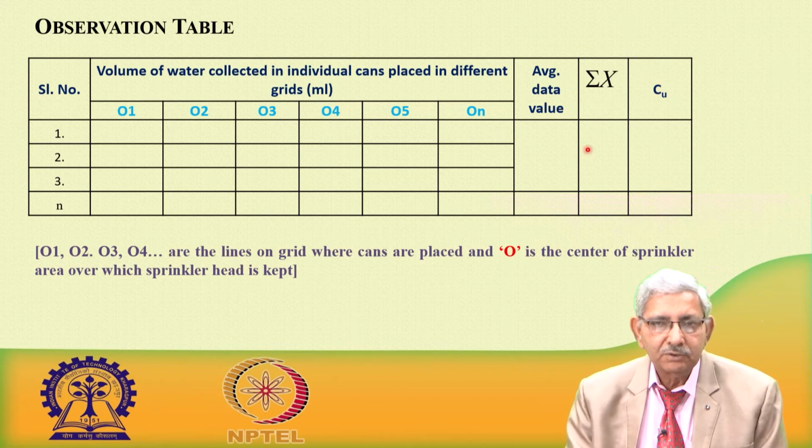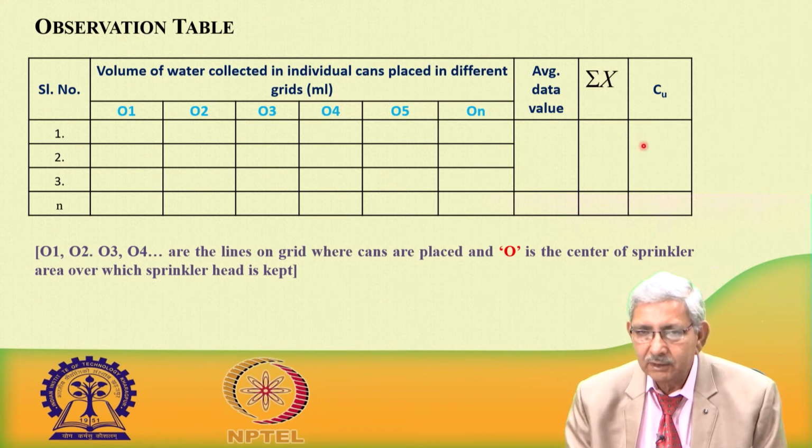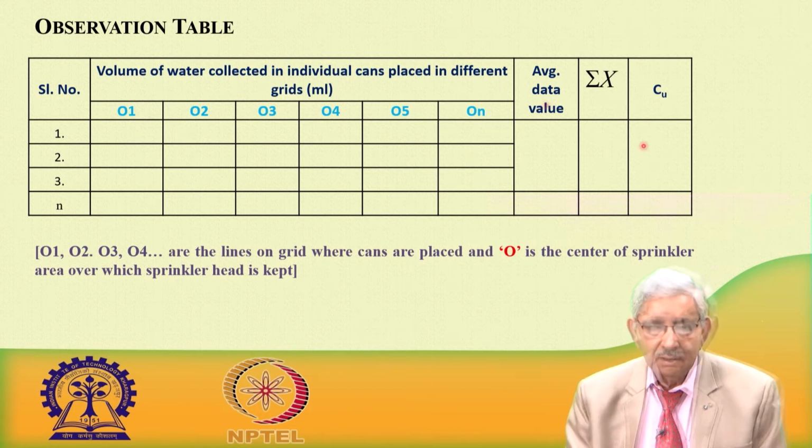After getting those data, as I told you, we will find the sum of x i minus x bar, the total of all the values, and then one can calculate the emission uniformity.